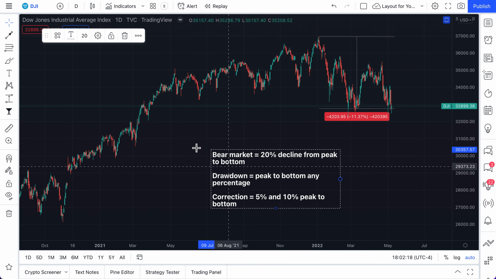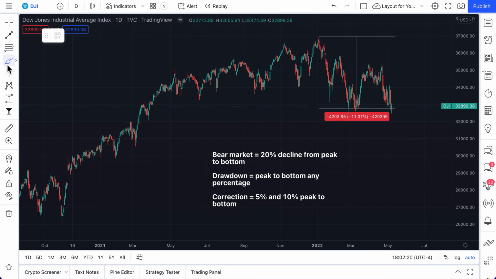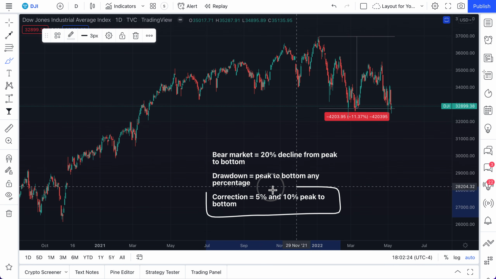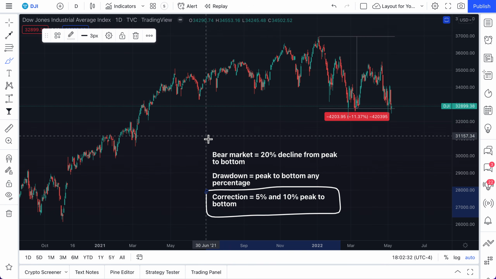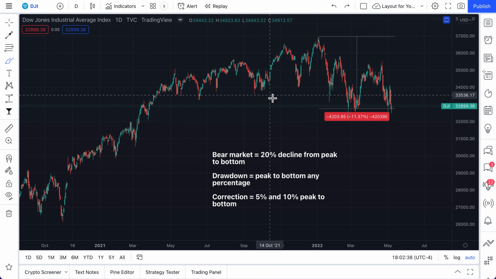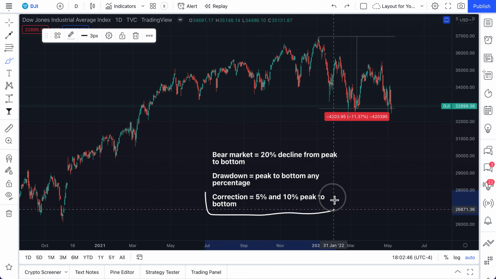So let's just talk about this some more. One important thing about corrections, when you hear people say that, is you can kind of think of it as the market is correcting back to a price that is more reasonable. Oftentimes, as we know, markets never go up in a straight line. Sometimes there's euphoria, mania, there's more buying than selling. Something will just catapult, maybe go parabolic, and the price over time might correct.